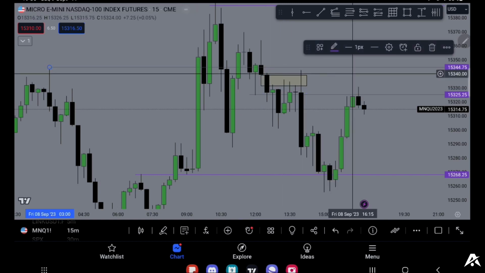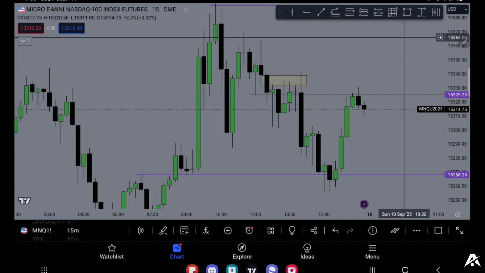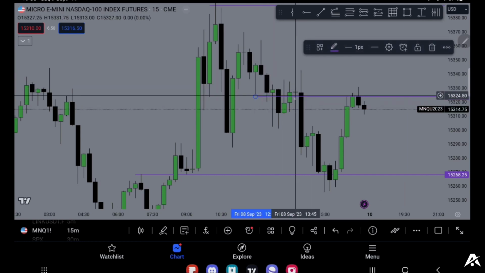Fair value gap. What happens then? Price starts moving down again.